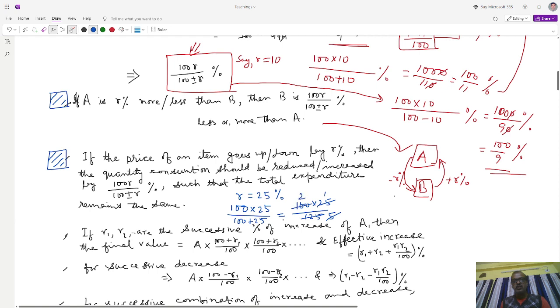So the result is equal to 20%. If we reduce the quantity consumption by 20%, then the expenditure will remain the same. Understand?